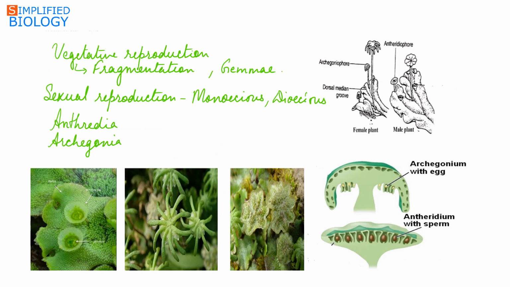Vegetative reproduction in liverworts occurs by fragmentation, means if any part of the thallus breaks off, it has the capability to develop into a new plant.